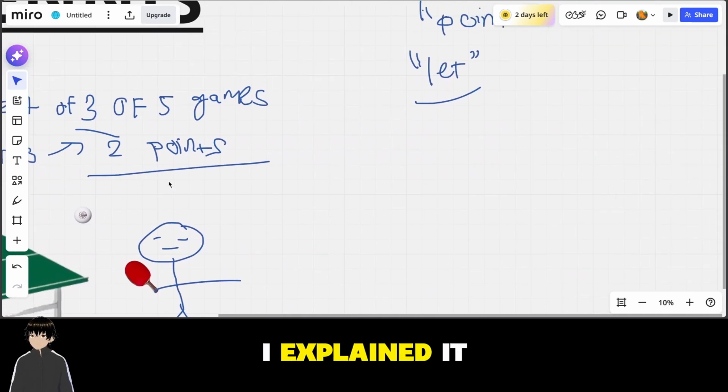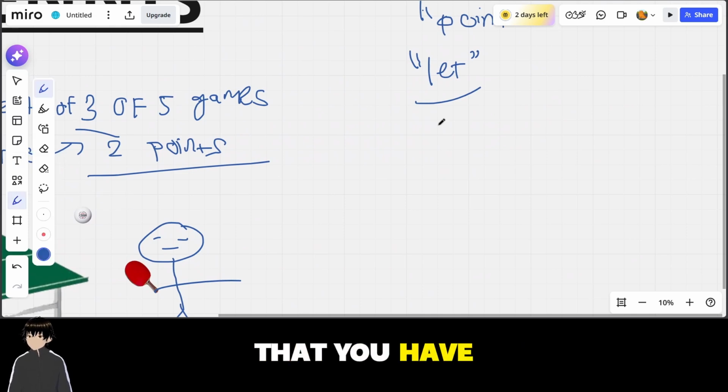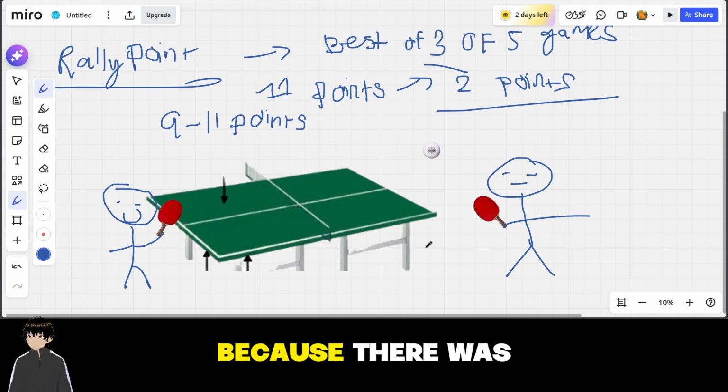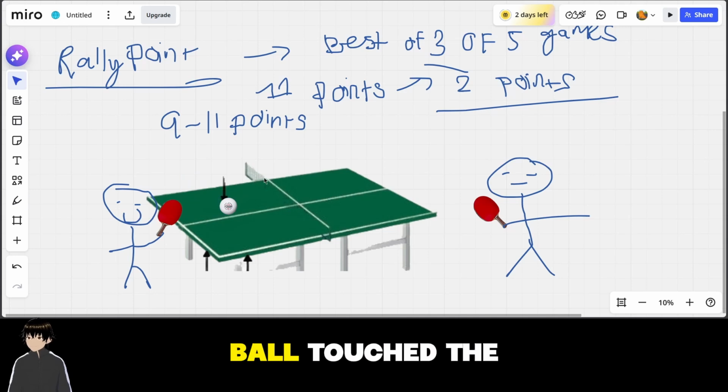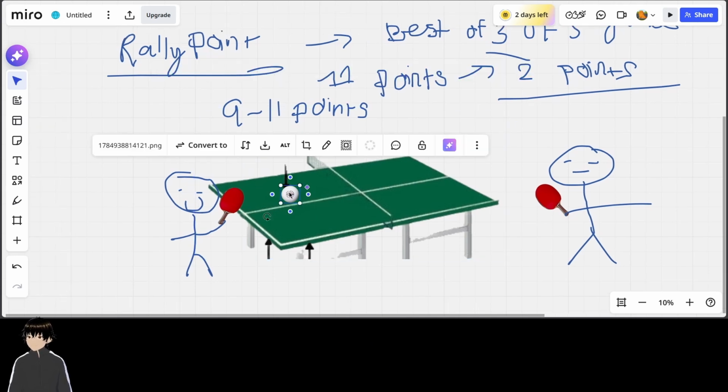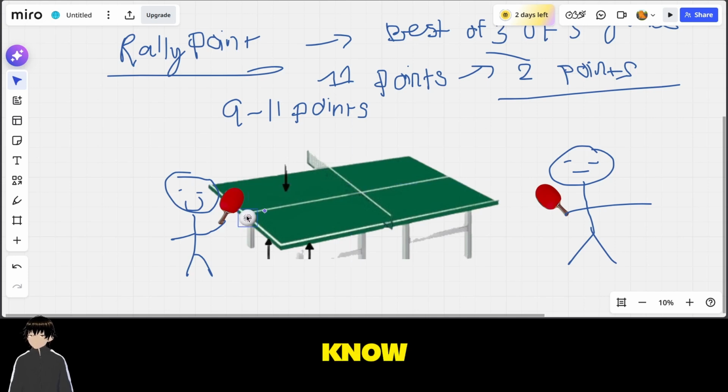The way I explained it earlier was wrong. It just basically means that you have to replay the point because there was some disruption, or if the ball touched the net.